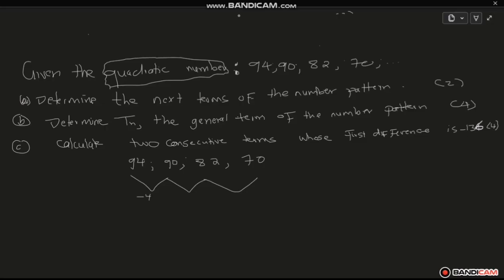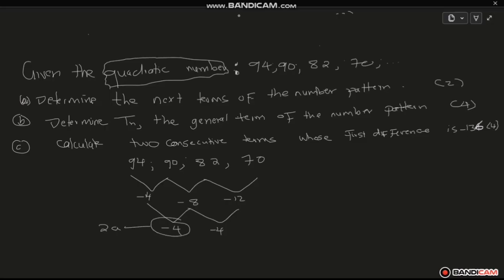And we're going to have negative 4. Therefore, 82 minus 90, we are going to have negative 8, 70 minus 82, we are going to have negative 12. Therefore, we know that this is not linear. Why? Because the first difference is not common. Therefore, negative 8 minus negative 4 is negative 4. Therefore, the second common difference is negative 4.